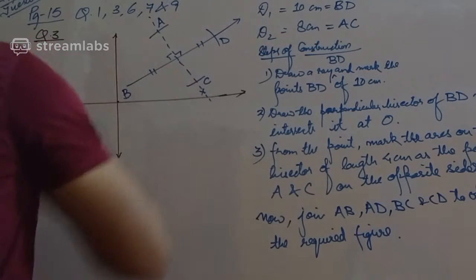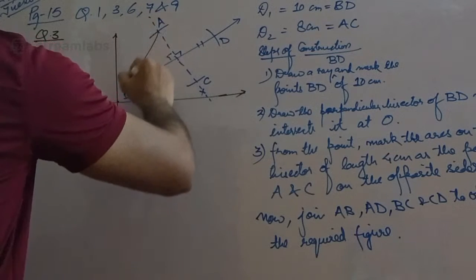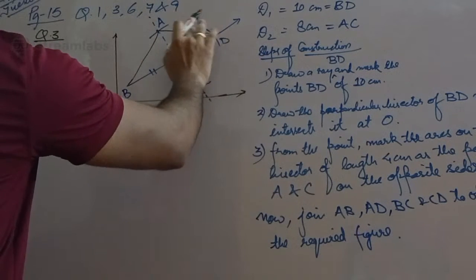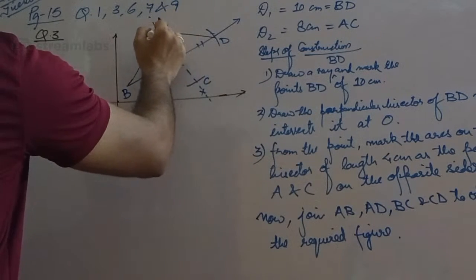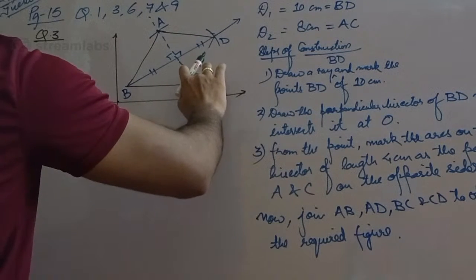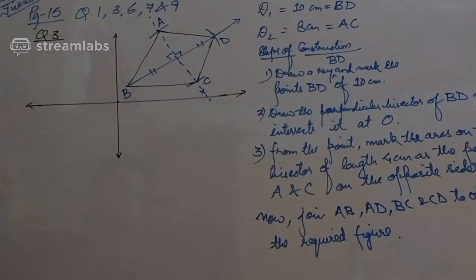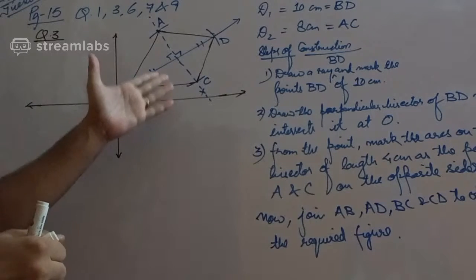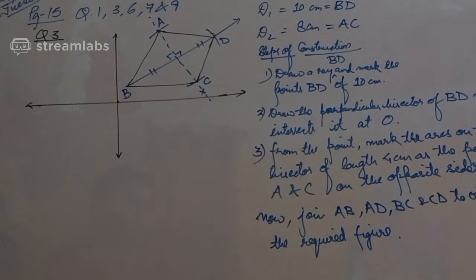So if you just join it, hence the obtained figure is a rhombus, and its sides are not parallel, and both its diagonals are not parallel to the rulings of the graph, I believe, as required.